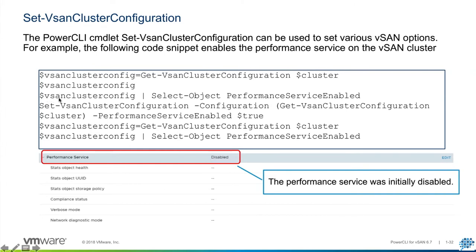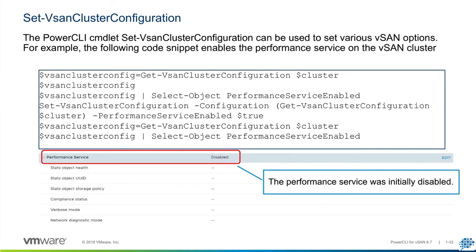Now if I pipe the vSanClusterConfig and say Select-Object PerformanceServiceEnabled, I just want to see if the performance service is enabled or disabled. The output is not shown here, but the performance service was originally disabled.